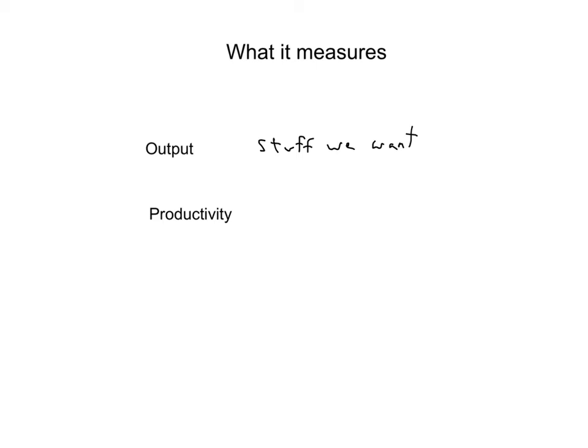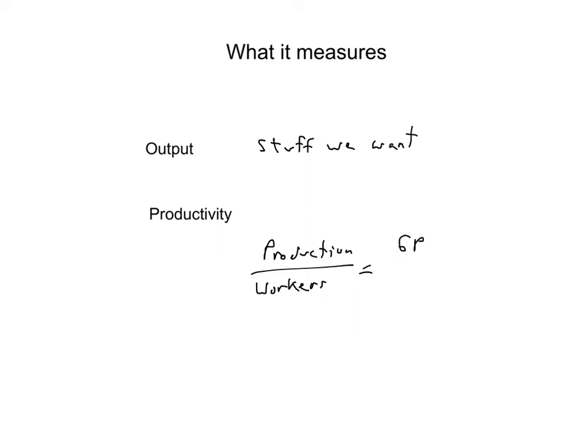It also allows us to measure productivity, which is something different than production. Productivity can be thought of as production divided by the number of workers. So this is a very rough way of talking about it.